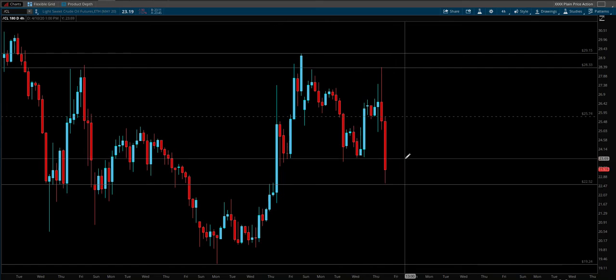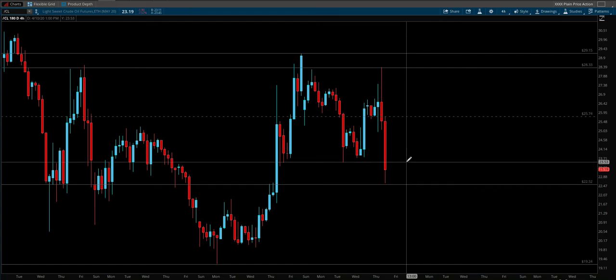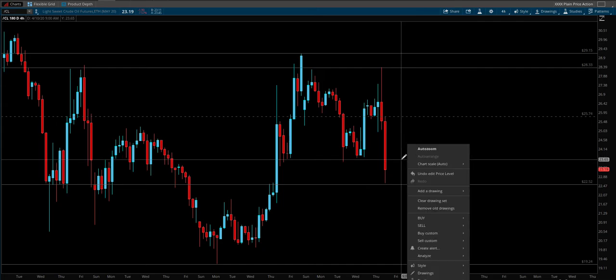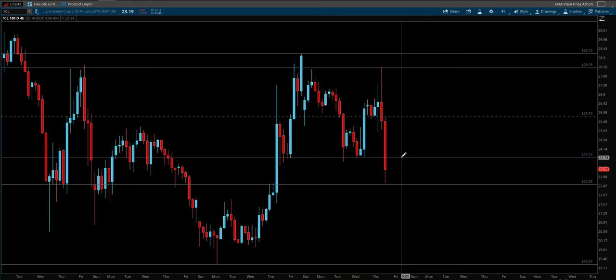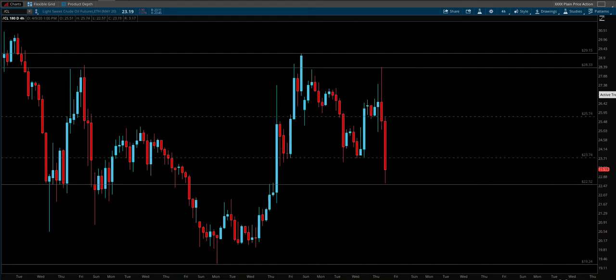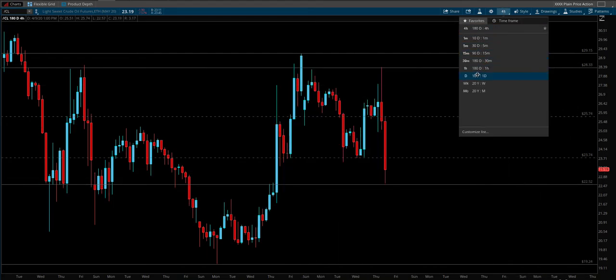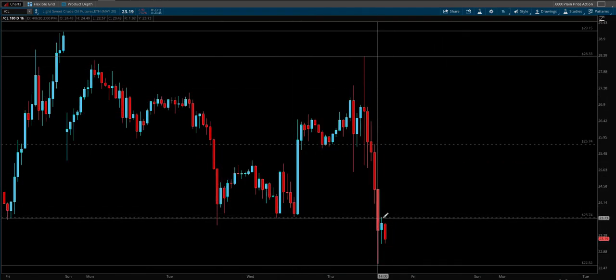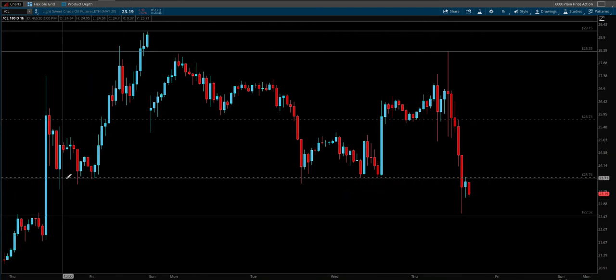Now you could use this one because this also was a level, even though it got broken. It was a prior level. So you could use that as another lower time frame level. If you're trading the hourly chart, you can see that was support, but it broke. Same thing here, see?